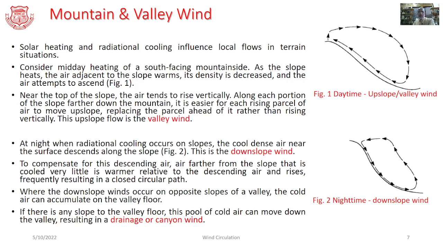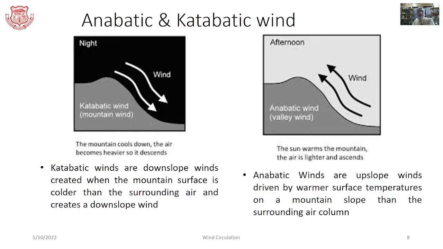If such a valley floor forms a certain slope towards a certain place, the accumulated cold air simply will roll down along that valley, and this is called cannon wind.